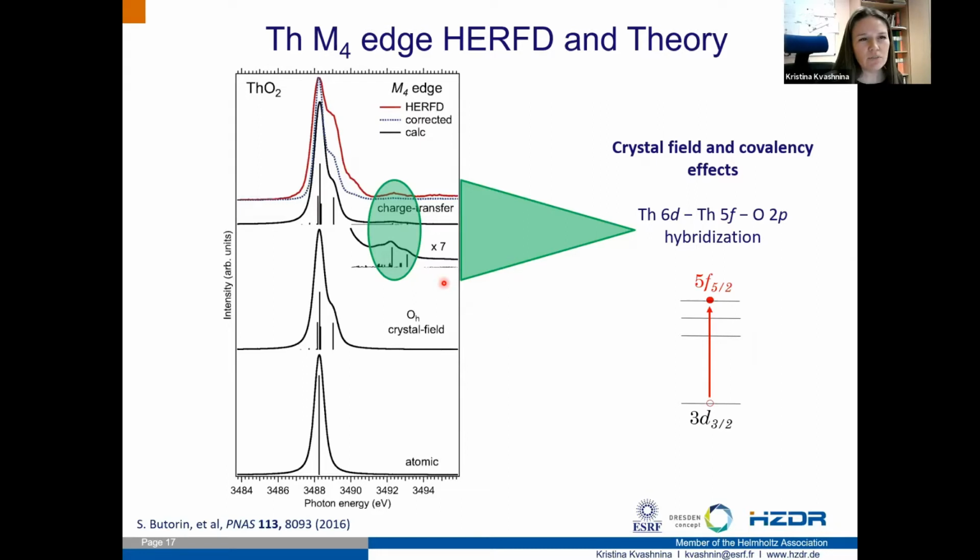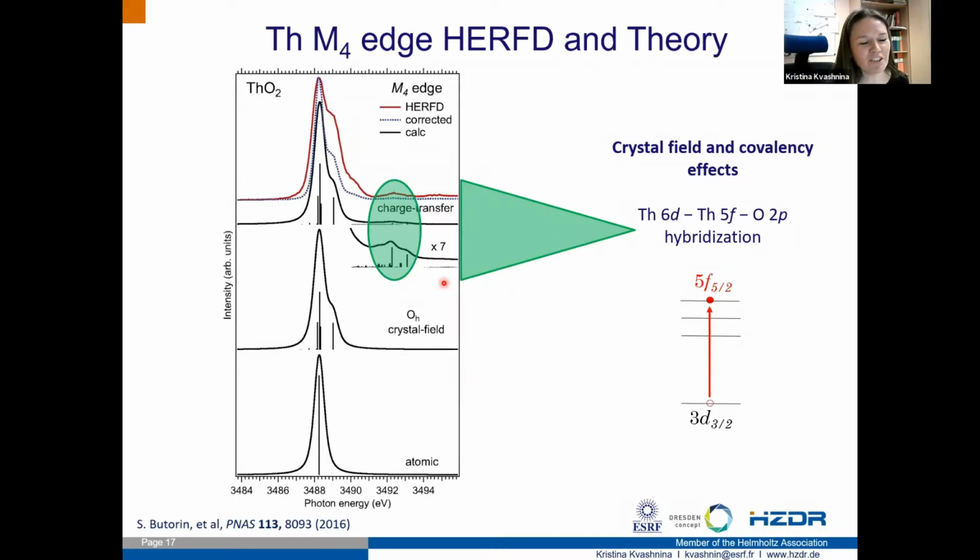So it means that the effects of hybridization between the 6d, 5f, and oxygen 2p states are quite important in order to reproduce the spectral shape. It was not common, I would say, and at least for me, it came as a big surprise that inclusion of the 6d states would have such an effect on the data, because 5f states in actinides were always considered extremely localized, so they don't really participate in any kind of hybridization process.